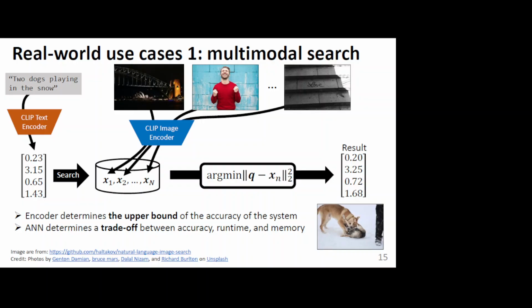So in such a multimodal search, you have to integrate two different parts: one is your encoder, and the second part is your ANN search. If you want to be accurate, you should try to fine-tune the encoders. And if you want your search to be efficient, you have to select a good ANN search algorithm.